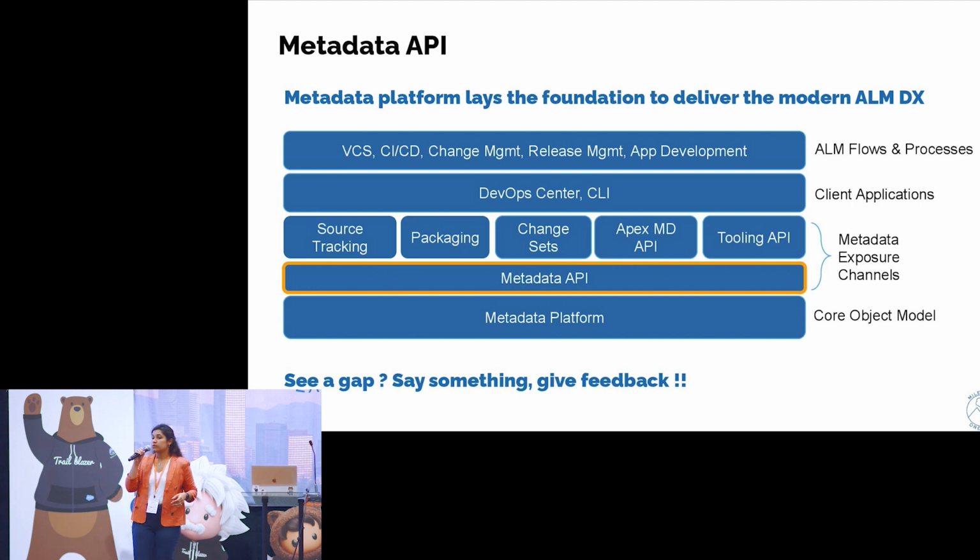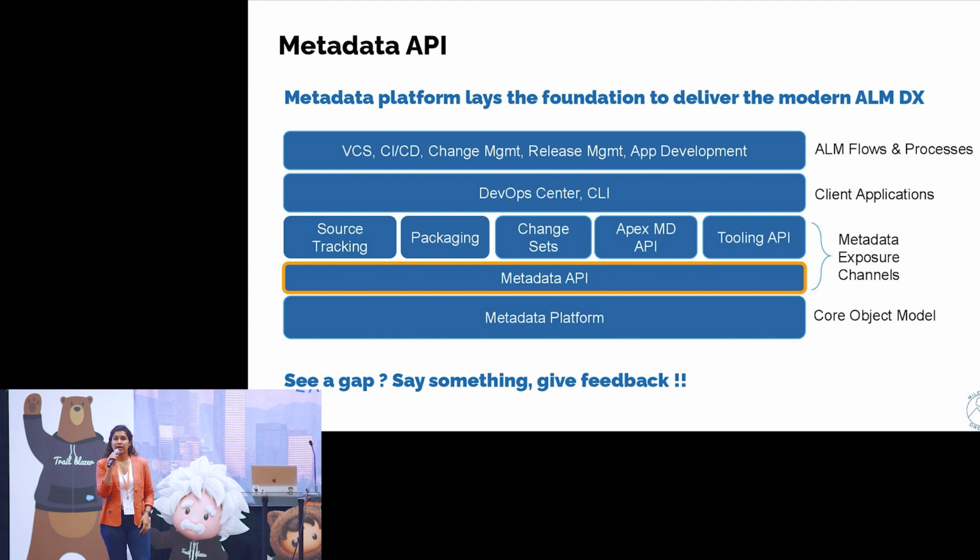For example, source tracking allows you to detect changes in metadata between your org and your local environment. Packaging allows you to create, install, and upgrade packages. Change sets allow you to migrate metadata and such. But what's common between all of these is they are built on top of the metadata API.